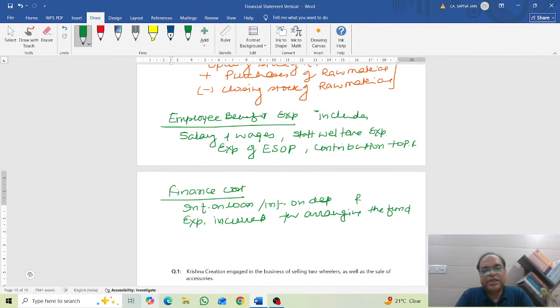Interest paid on loan or debenture, or any expenses incurred at the time of arranging the fund, is part of the finance cost. Just for example, you hire a consultant or broker to arrange money of 100 crore rupees. Any expenses paid by the company to the financial consultant as brokerage are called expenses incurred for arranging the fund.